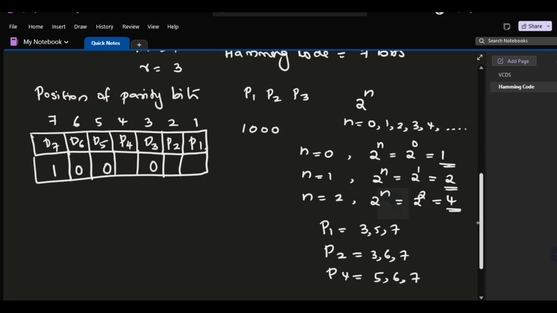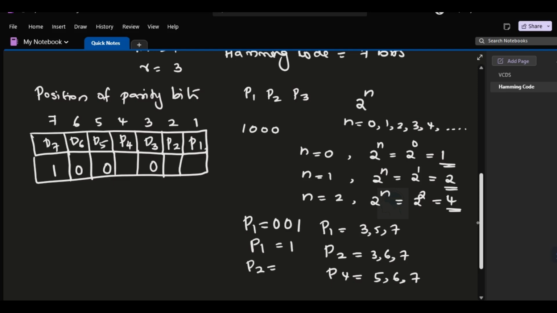For P1, which is 357, our third bit is 0, fifth bit is 0 and seventh bit is 1. In the question it is given that we have to consider even parity. Even parity means the number of ones should be an even count. Here only one 1 is there, which means this is odd parity, so to make this even parity, you have to mark P1 as 1.